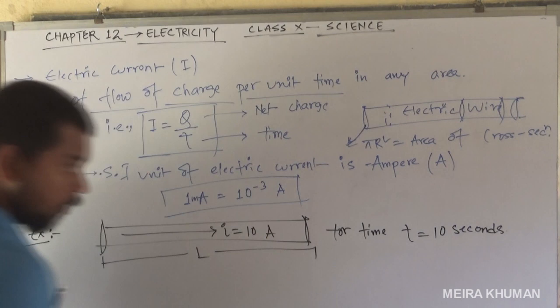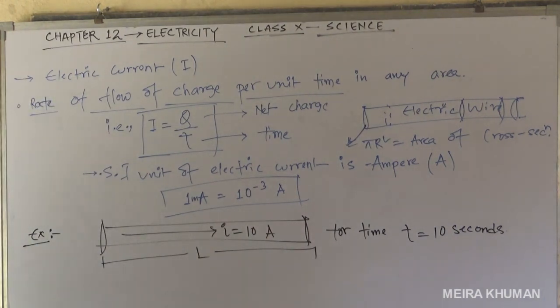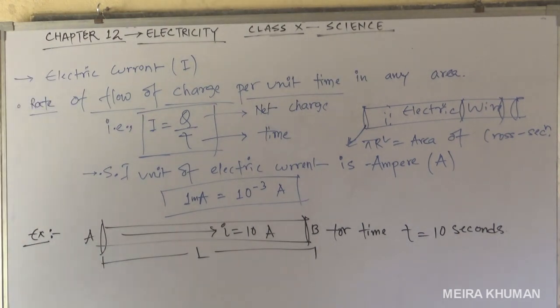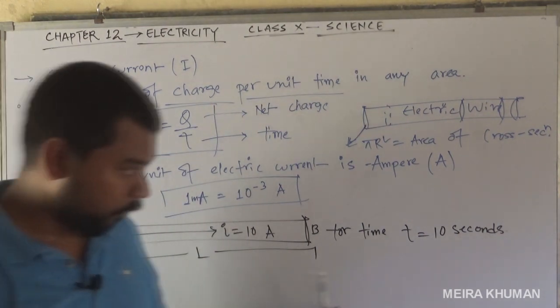Clear that much? So the name of the wire is suppose AB. In that wire, a current I equal to 10 ampere is flowing for time 10 seconds.